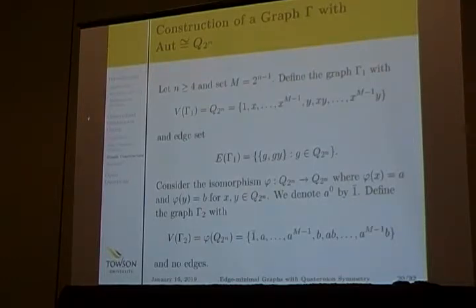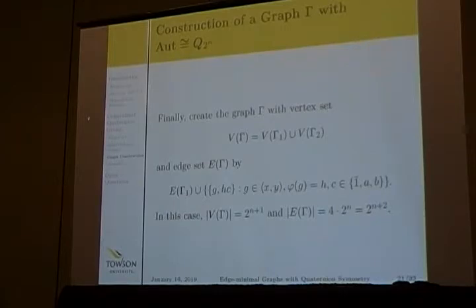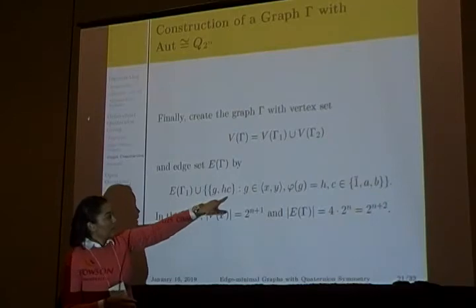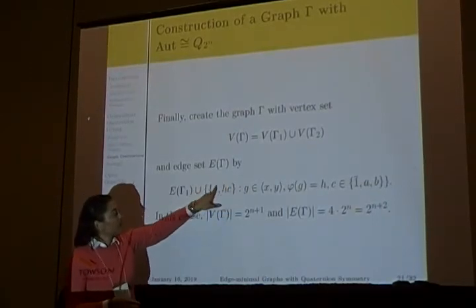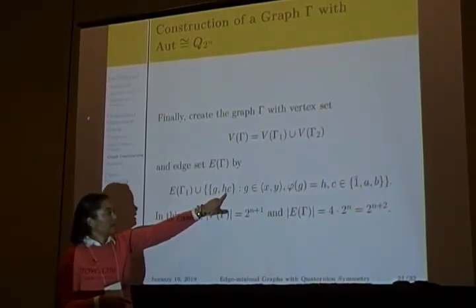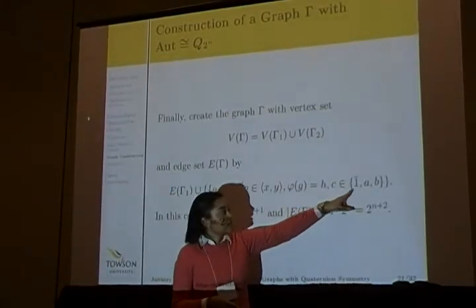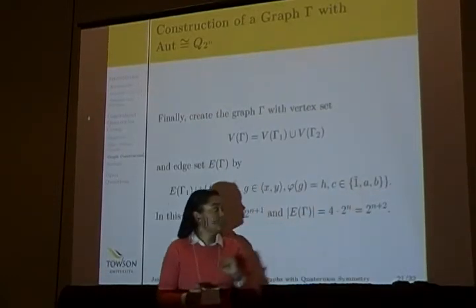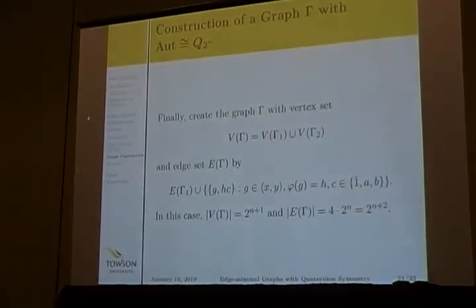Okay, so I have 2 graphs, each labeled with elements from Quaternion groups. I'm going to union those 2 graphs together, and then I'm going to connect them using edges of this form: G, H, C, where C will be 1 bar, so the identity in that group, A and B. This graph has 2 to the n plus 1 vertices because it's got those 2 copies of the Quaternion group.